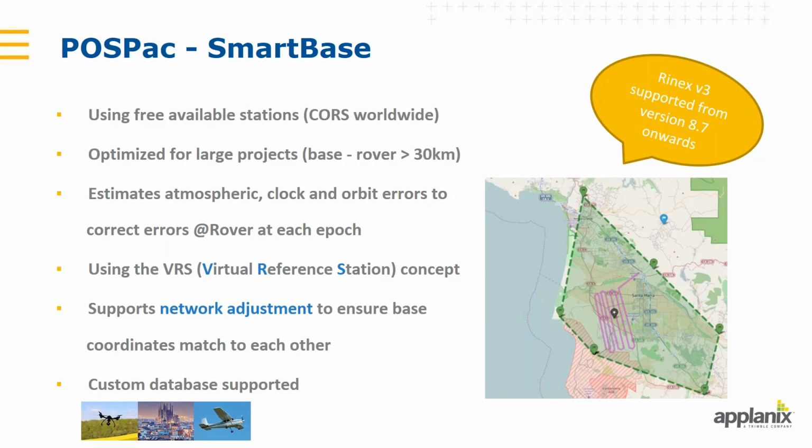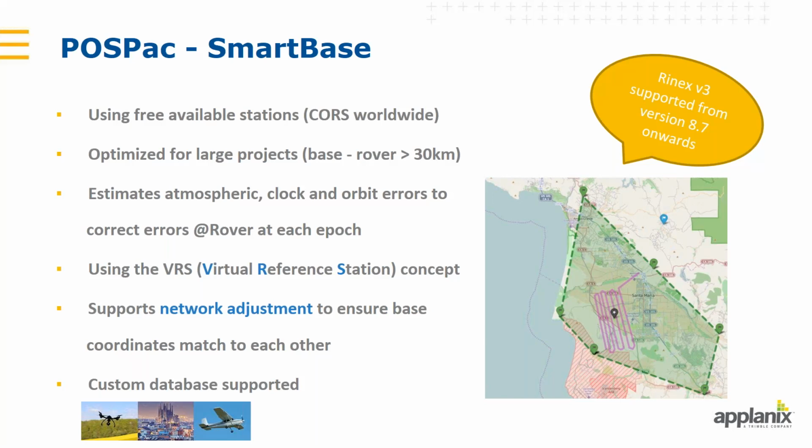And then the VRS concept again is used to estimate errors at the rover location. There's also a network adjustment functionality to ensure that the base coordinates match each other.